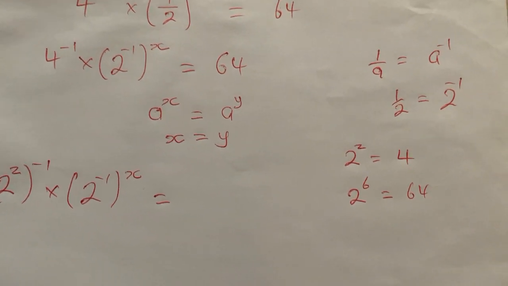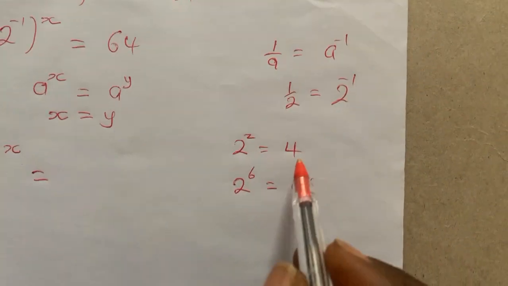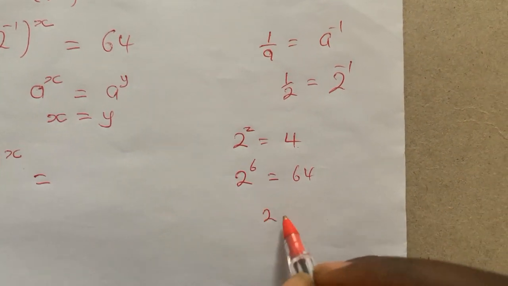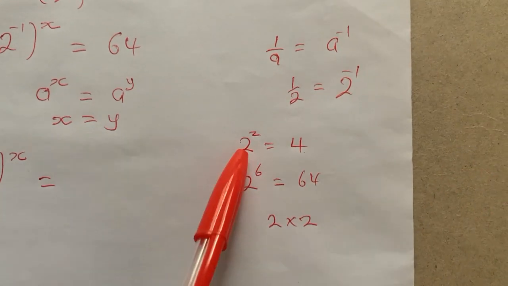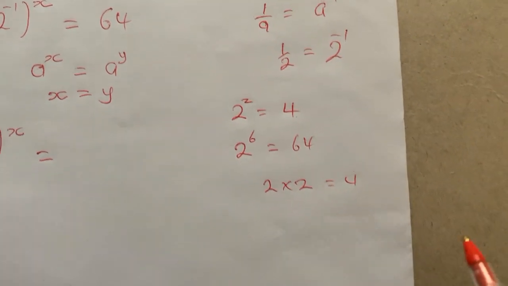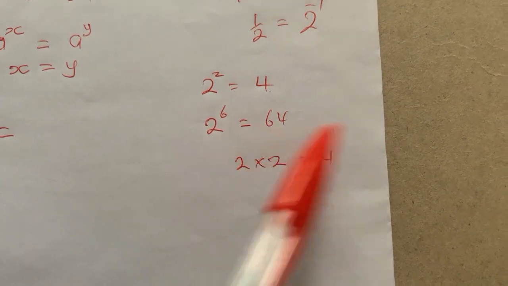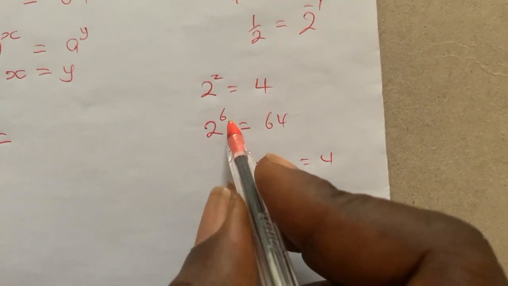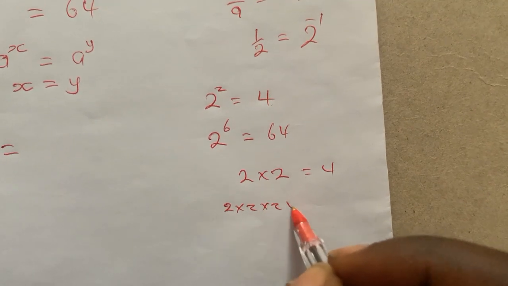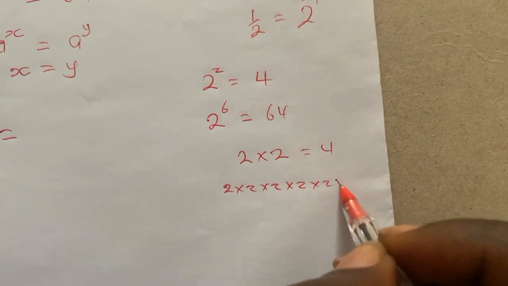Probably if you don't understand it, 2 raised to the power 2 means 2 times 2. You multiply 2 by itself 2 times, and that will give you 4. And 2 raised to the power 6 means that you multiply 2 by itself 6 times, which is 2 times 2 times 2 times 2 times 2 times 2.